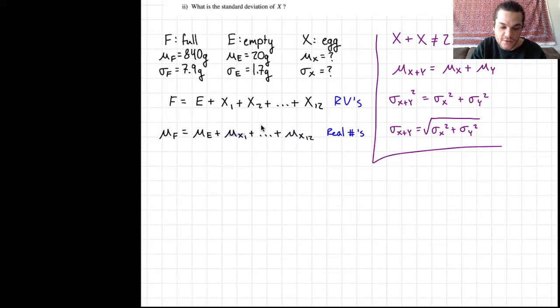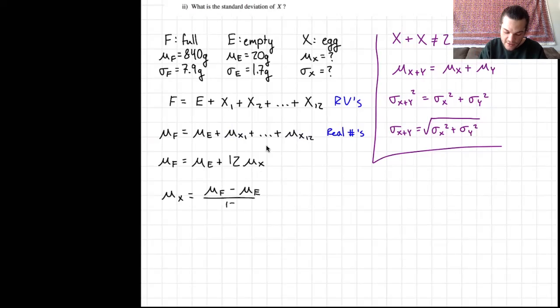So the mean for the full carton is the mean of an empty carton plus 12 copies of the mean for a single egg. So we're looking for mu X right here. We're looking for the mean of X. So bear with me. We would subtract the mean for the empty and divide by 12, which gives us 68.33 grams. Okay, that was the easier of the two statistics to find.